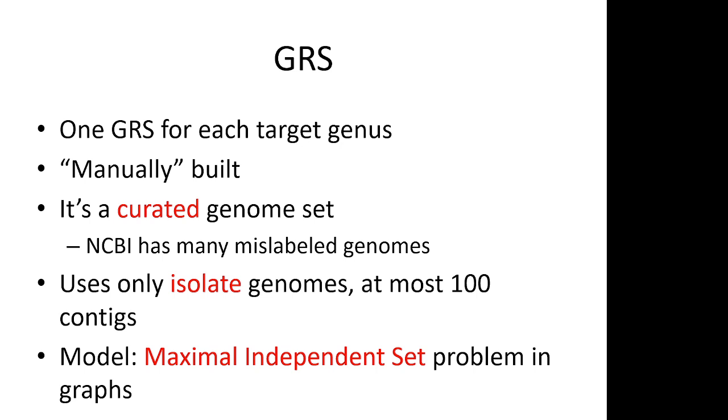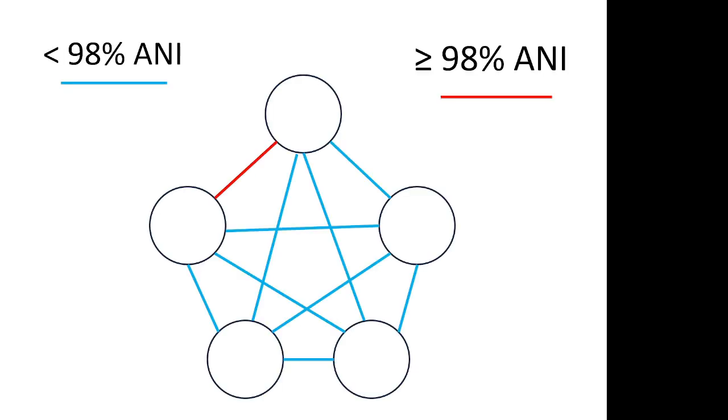And in order to build this genome reference set, we use a mathematical model called maximal independent set. It's a well-known problem in graph theory, and I'll explain it to you very briefly. So here you have 5 nodes. Each node represents a genome, and they are all connected because we compare all against all.